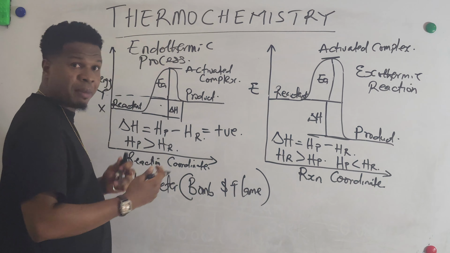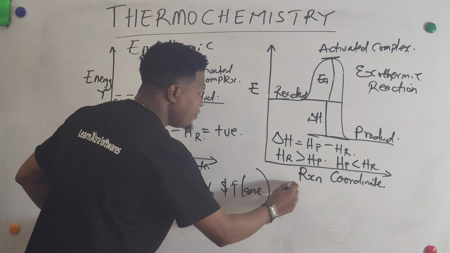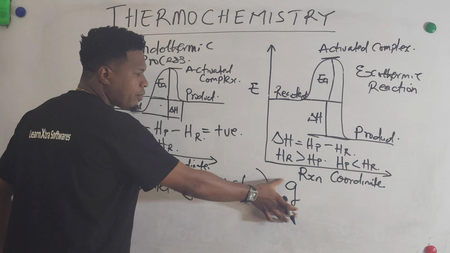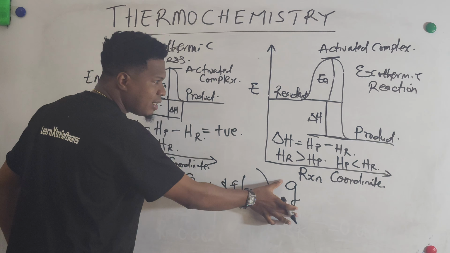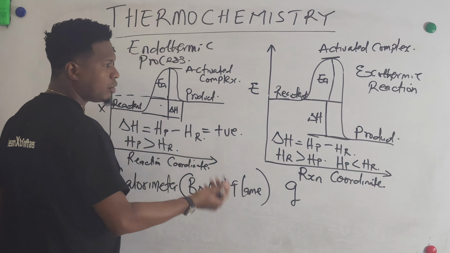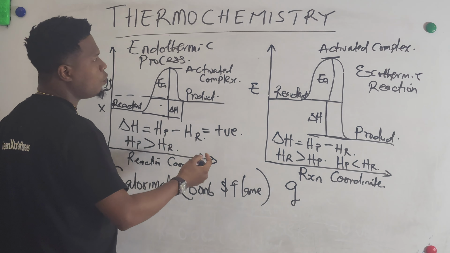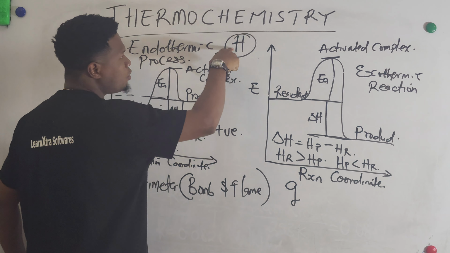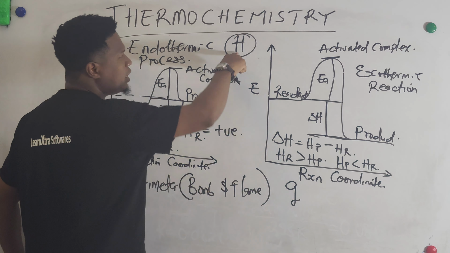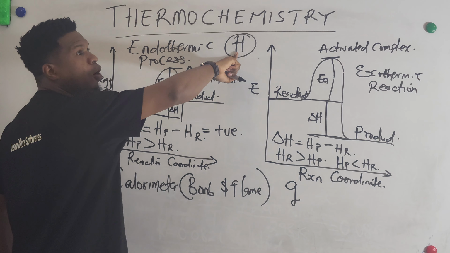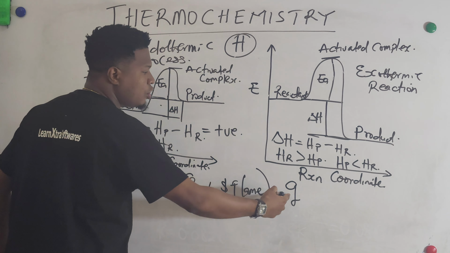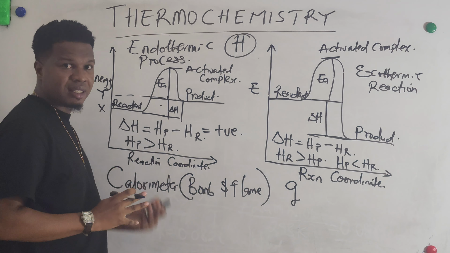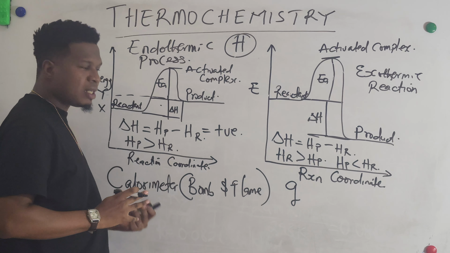From experiment, the mathematical expression can be given as heat, which is Q. Remember, when we talk about heat, Q represents heat. But when we talk about heat of reaction, we can also represent it with H, or enthalpy. So know the difference between H and Q. This one is enthalpy or heat of a reaction, but this is just heat, the measurement of heat in and out of a thermodynamic system.